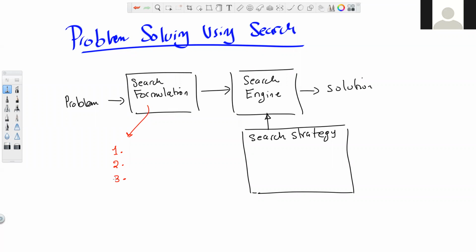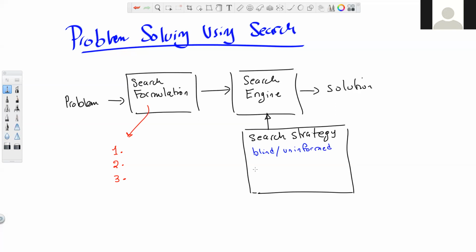And in principle, this search engine is ready to kick in once you give it the search strategy to use. Now, when you look at search strategies, we're going to find that they belong to 2 different categories. What we will call blind or uninformed, not a very positive name.